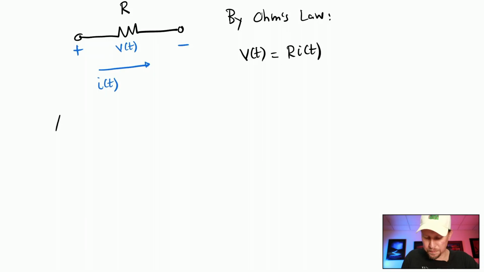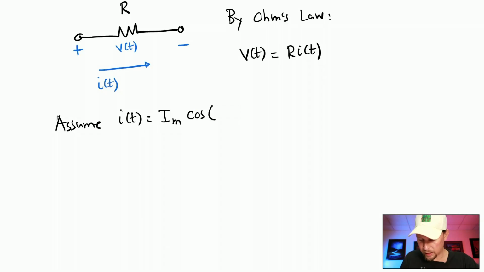Now, let's assume, because we are, after all, working with sinusoidal sources, that the current takes on the following form. It has some magnitude, I sub m, and the sinusoid is of the form cosine omega t plus theta sub I. The I there is just to remind us that this is for the current.